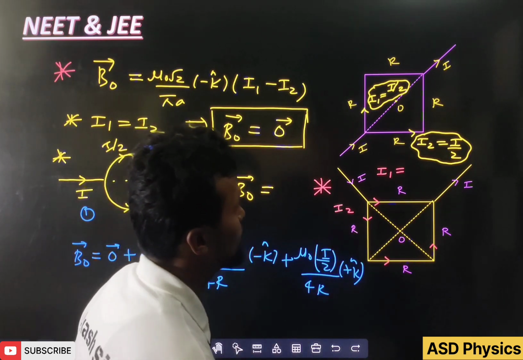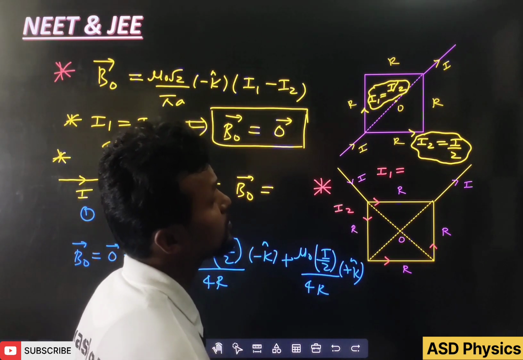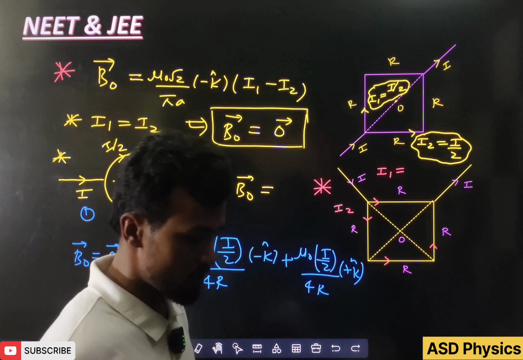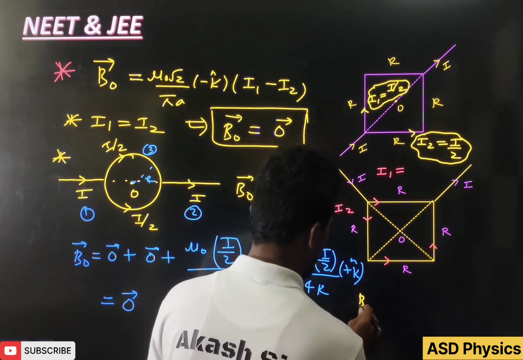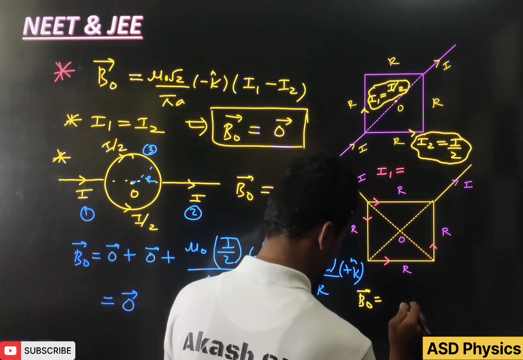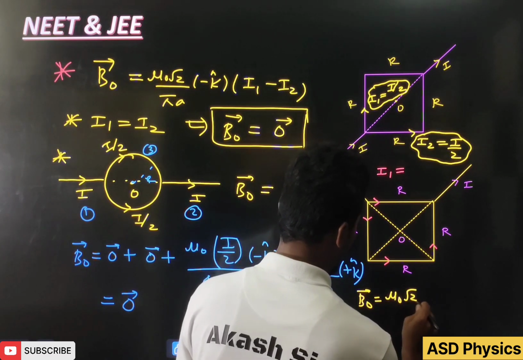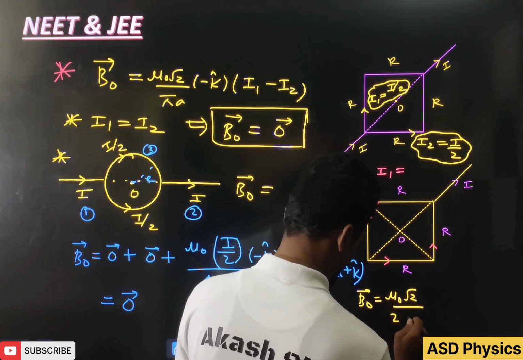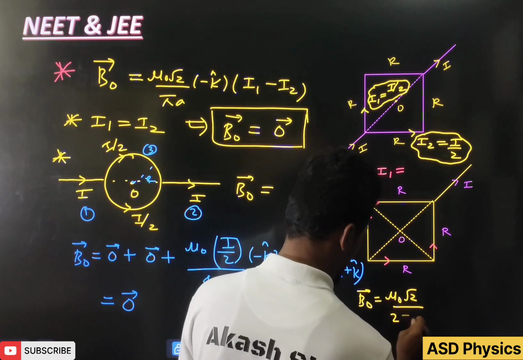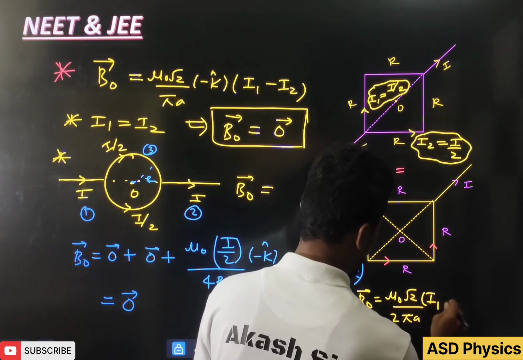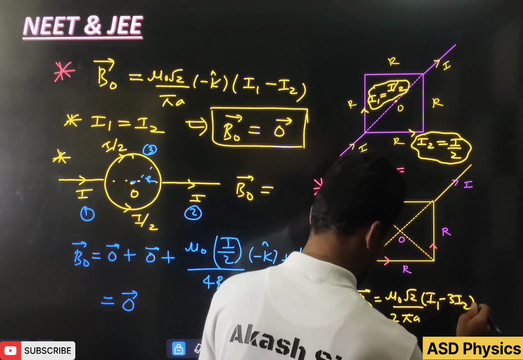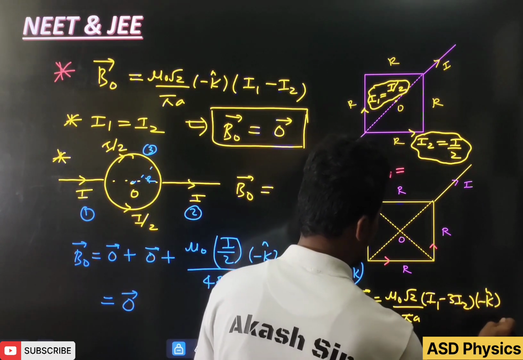When you solve this, one formula will come, which I am just writing here. This is the formula: mu naught root 2 by 2 pi a, and it will come I1 minus 3 I2, minus k cap.